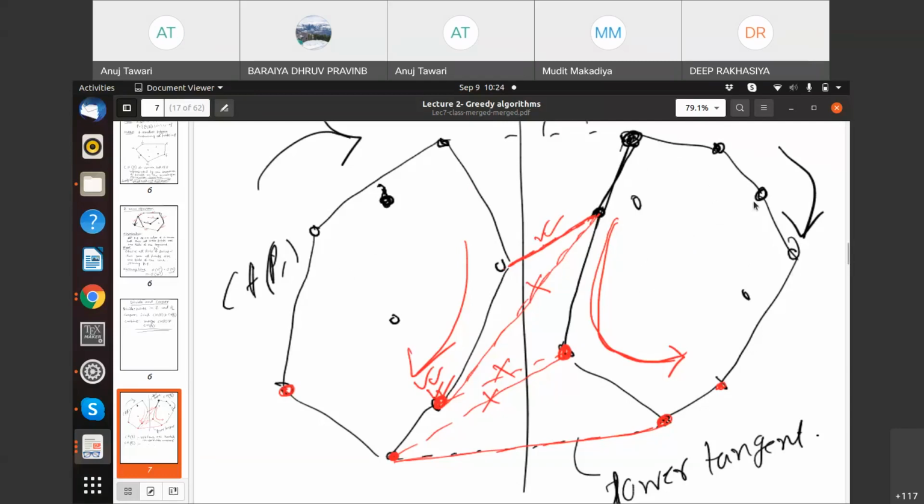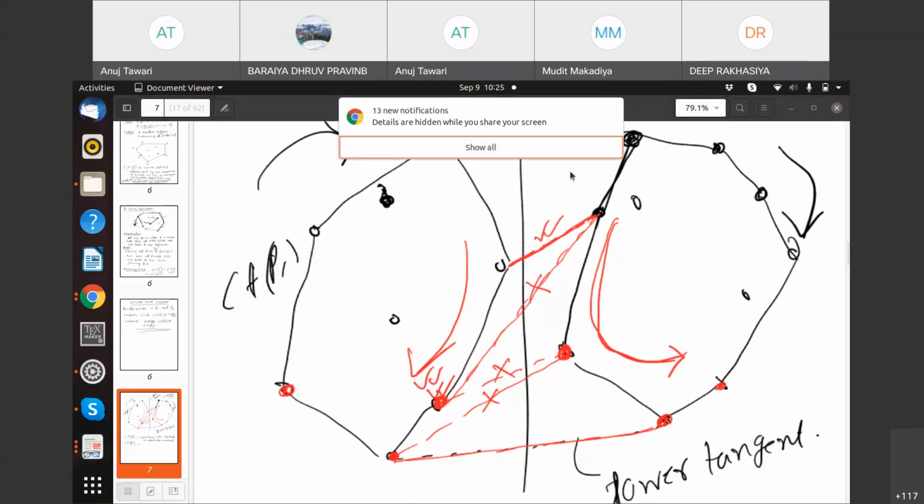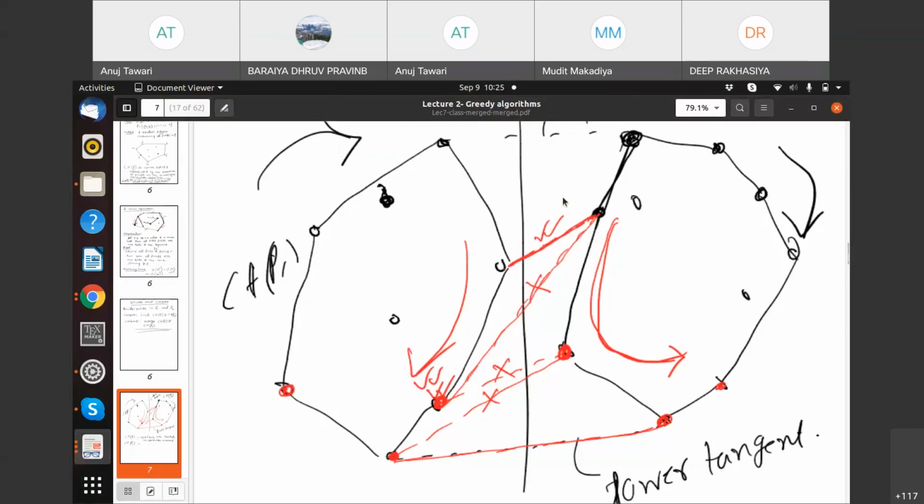And therefore, we need to merge these two convex hulls to get a new convex hull. Okay. So how do we merge these two? Any ideas? How are we going to merge?